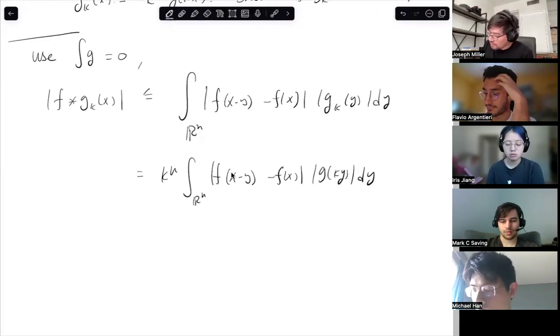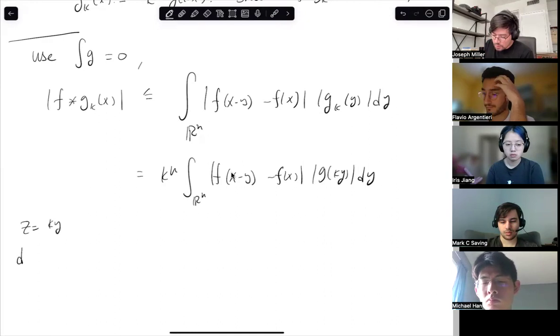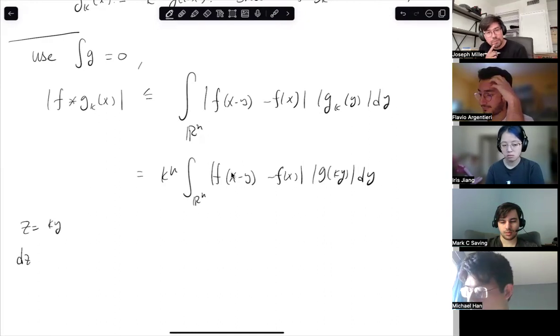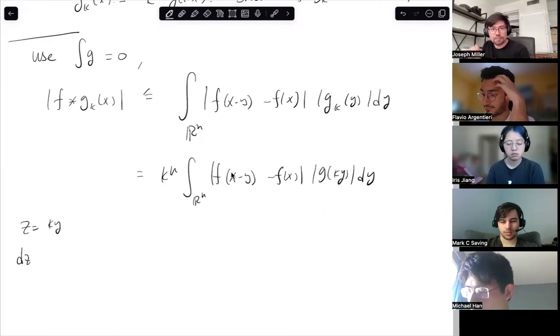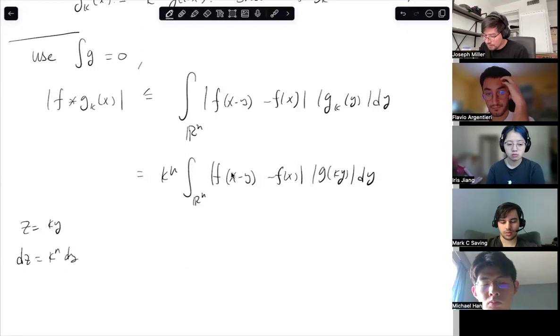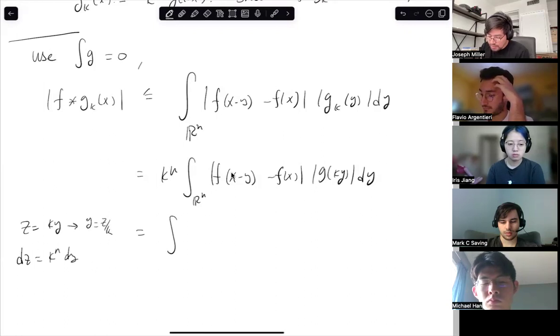Okay. And when I change variables here, I let z equal ky. When I take dz of this, y is a variable with n real components, so this is k to the n dy. So in total, when I integrate this guy and change variables this way, any y becomes z over k, and I can just replace this k to the n dy with dz.